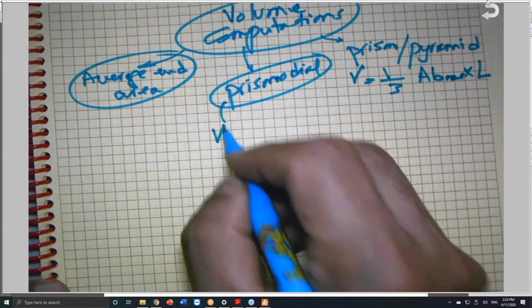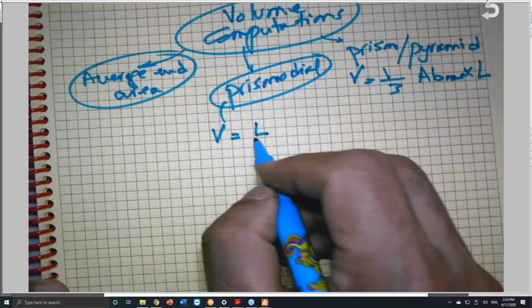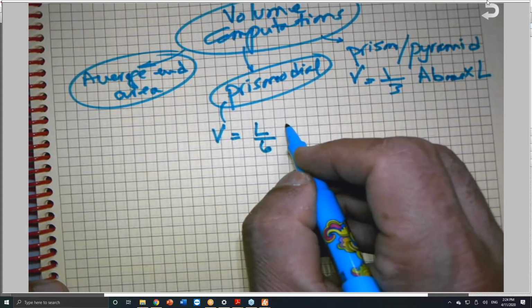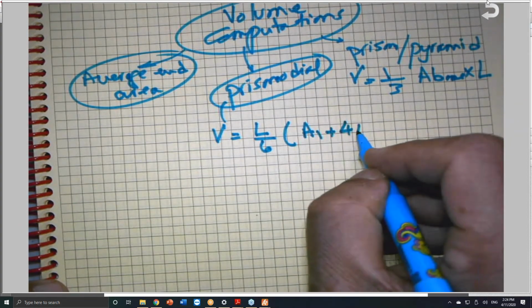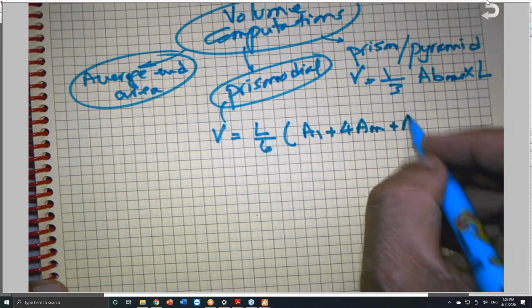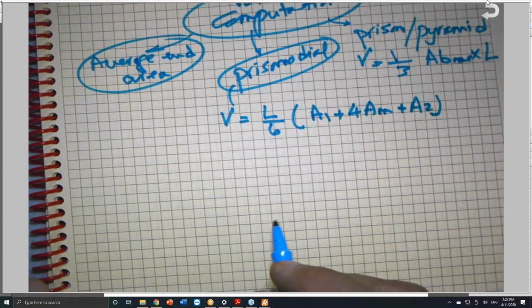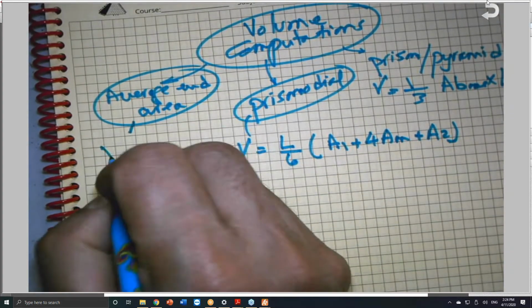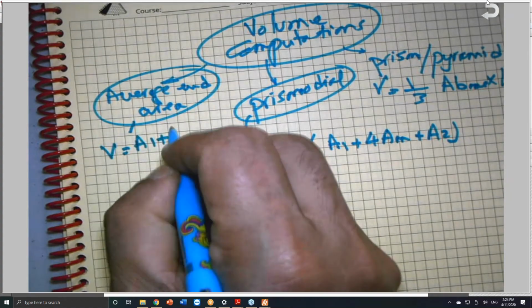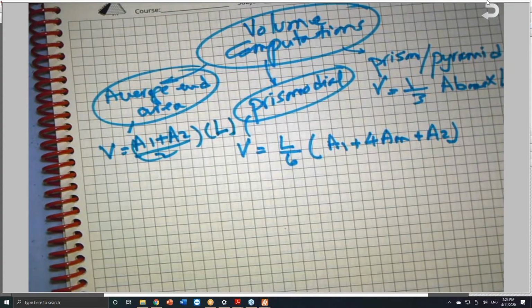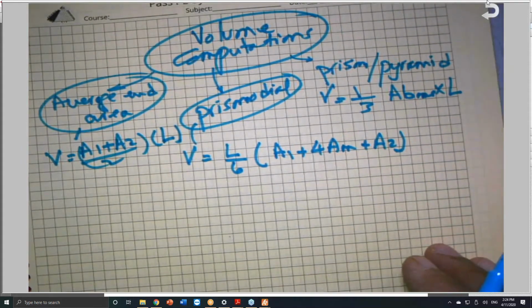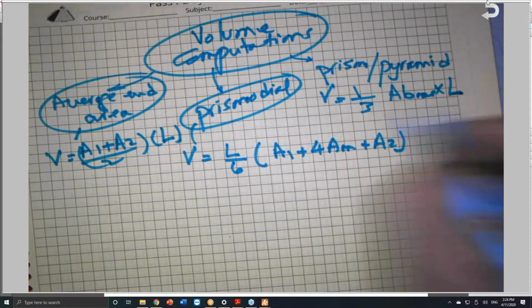The volume for the prismoidal is L over 6 times A1 plus 4AM plus A2. And the volume here is equal to A1 plus A2 divided by 2 times L. The 27 is just to convert, but this is general.